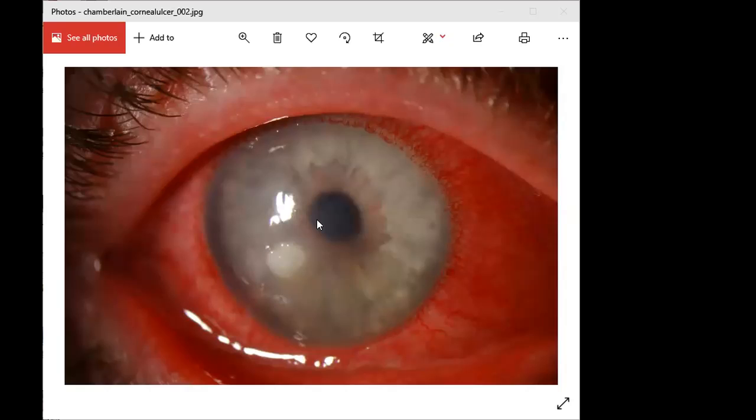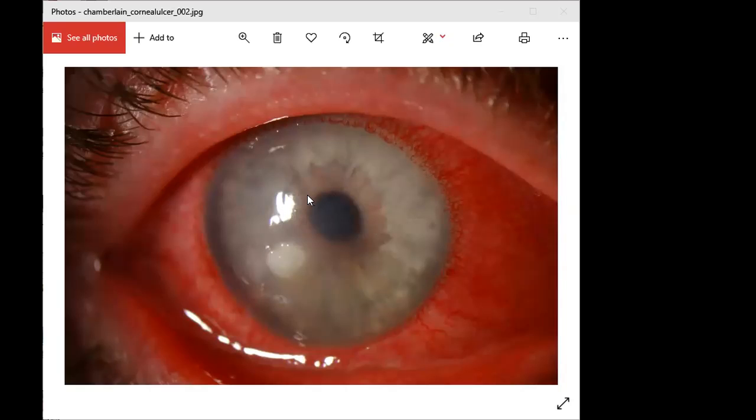Once the bacteria is able to go into the cornea, due to an injured part or directly, like Neisseria or diphtheria microorganisms, they are able to destroy the epithelial layer and the Bowman's layer, and then go into the stroma, right?